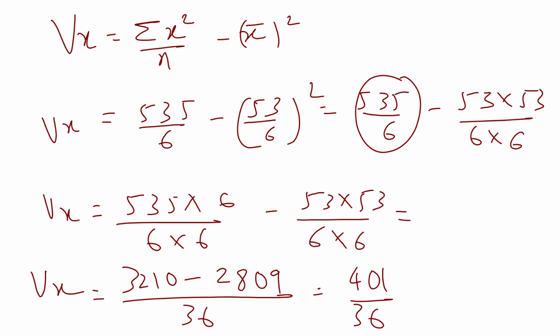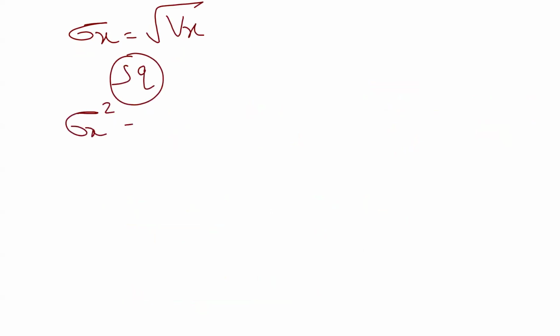Now standard deviation of x is nothing but the root of variance of x. Squaring both sides, standard deviation of x square is equal to variance of x, which we have already calculated as 401 upon 36.